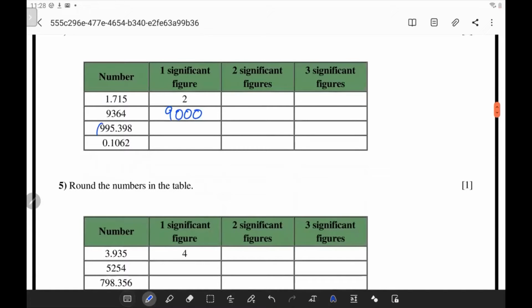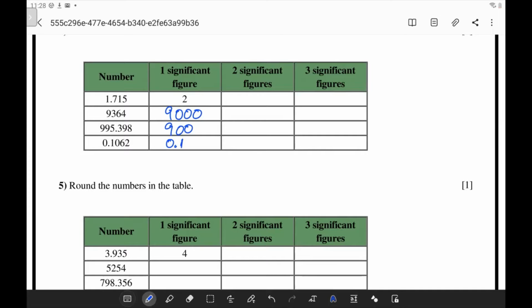Well, it will be 900, right? And the next one, one significant figure. 0.1. Remember, it's after the decimal point you're looking at here now, because the 0 in front of it is not significant.